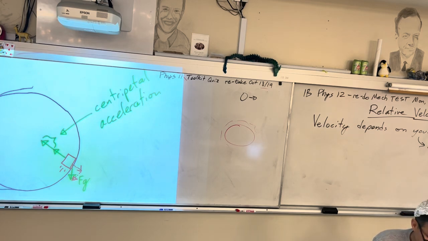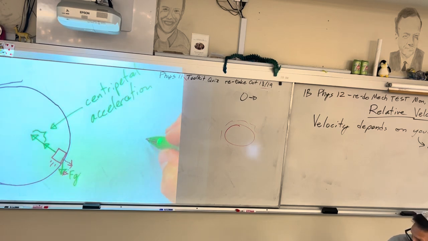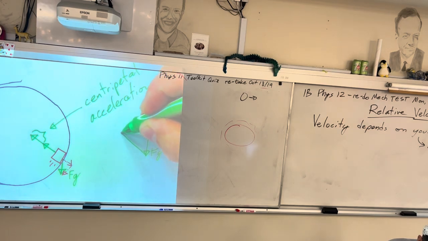If we did a free body diagram of this and added our vectors, we would say this is our FG. I'll try to draw it similar size. And then if we added our centripetal force here, FC, or we'll say FN, that's FN.